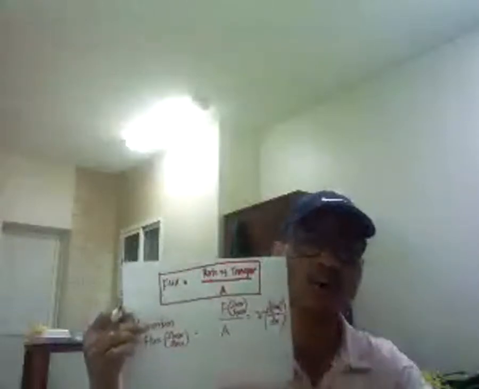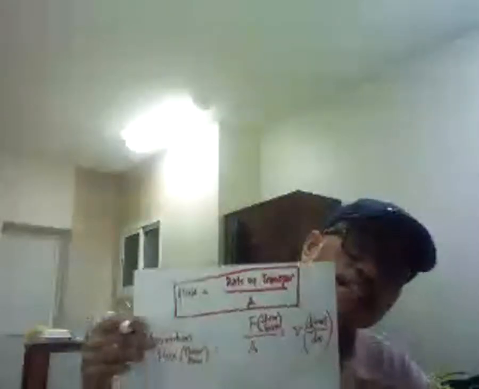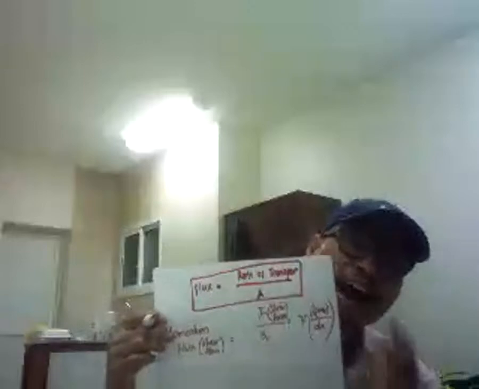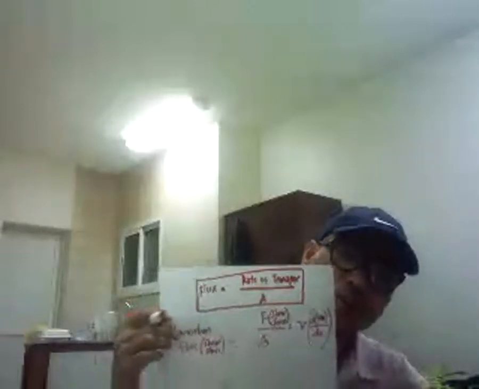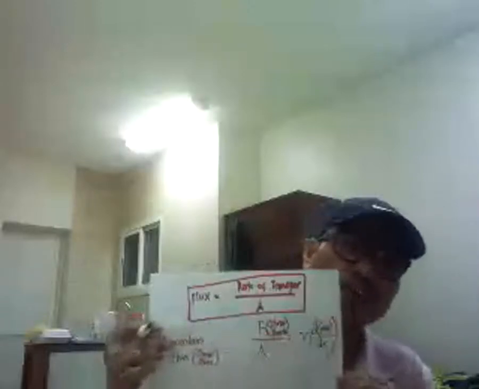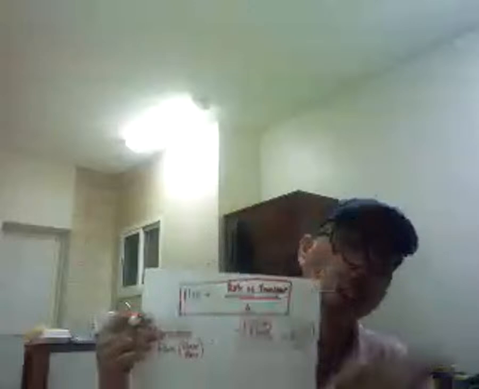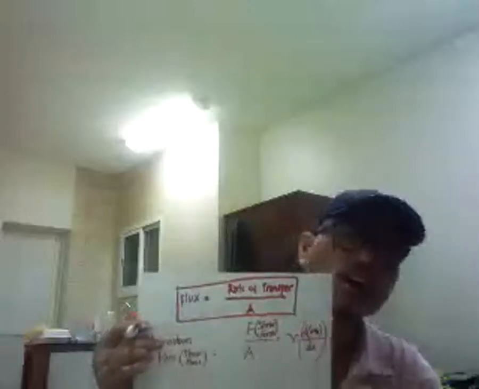So dx always means horizontal position. That's why in a momentum transfer, the change is always from higher velocity molecules to lower velocity molecules with respect to the horizontal position of the fluid, or a liquid.